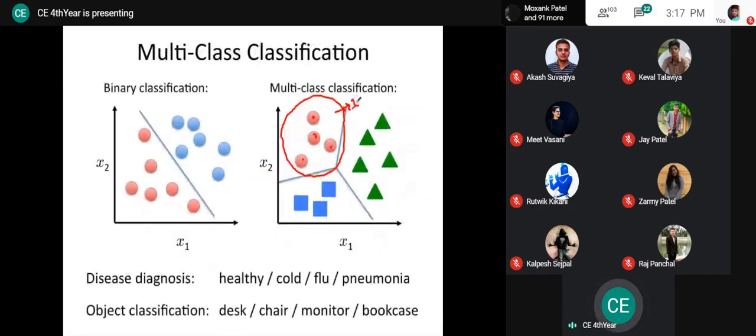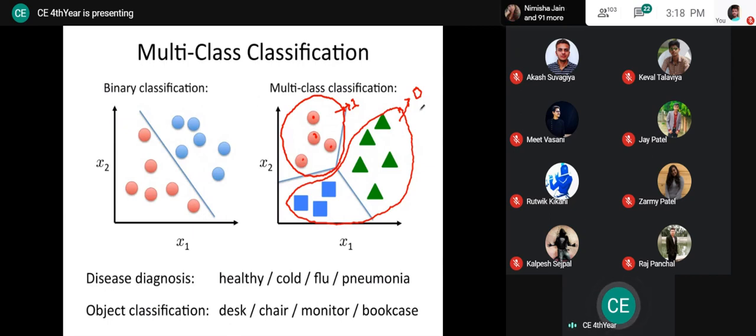Fine. So in total we have 12 examples, and out of these 12 examples, for these 4 examples we'll set y equals to 1, right? And for all the remaining examples, that is for the triangles as well as for the squares, we'll set y equals to 0. Fine. So now it's a binary classification.